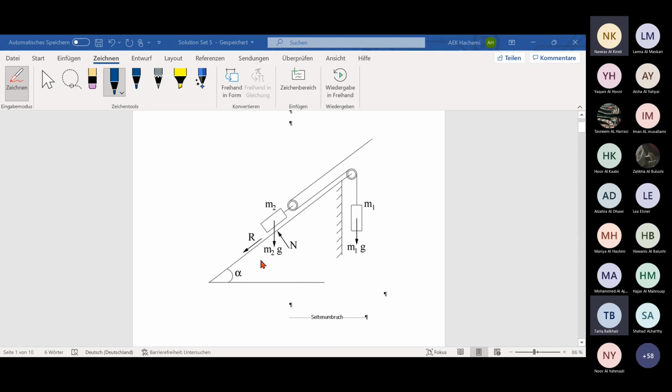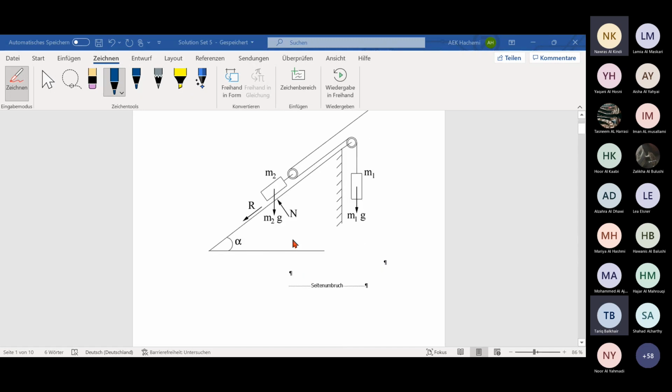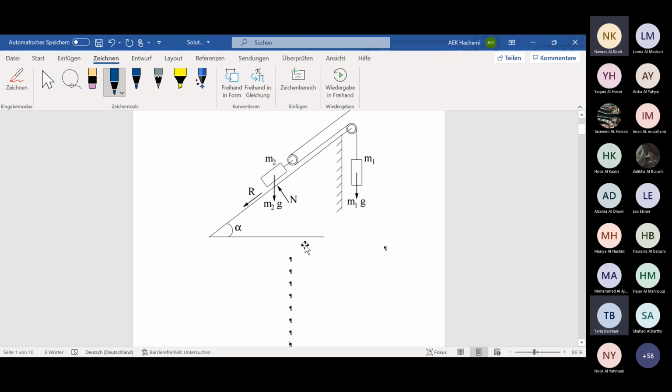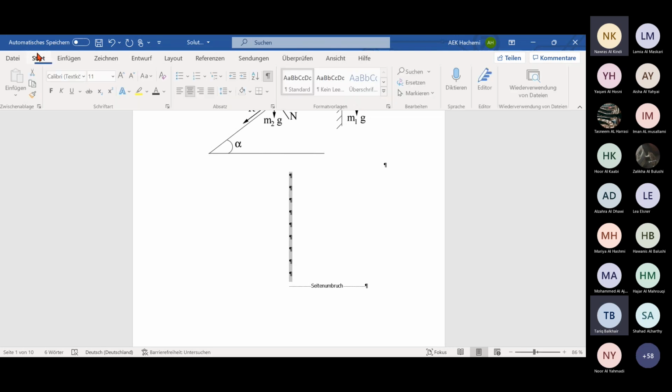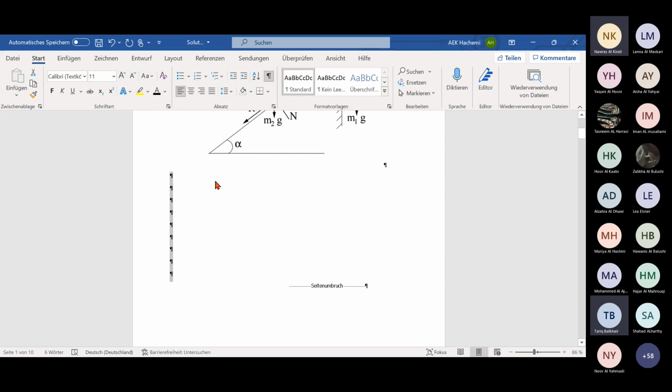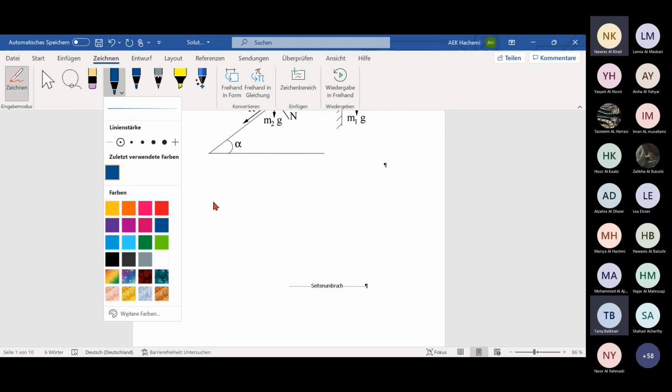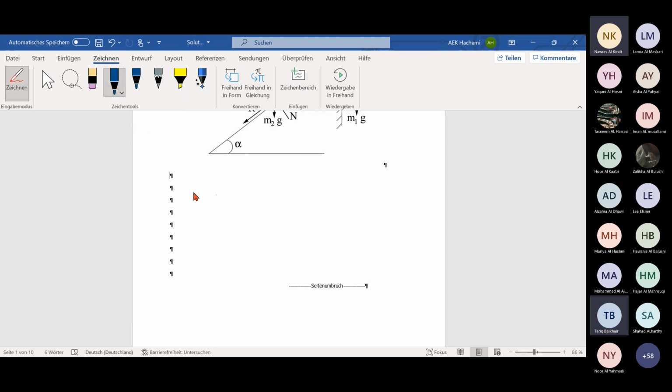Now for the first question, what we have to look for first is to determine x double dot 2.